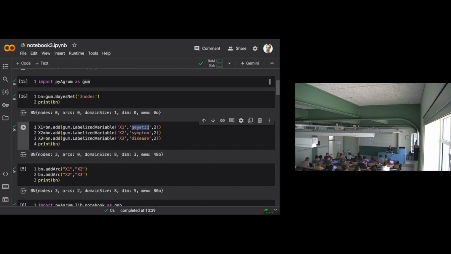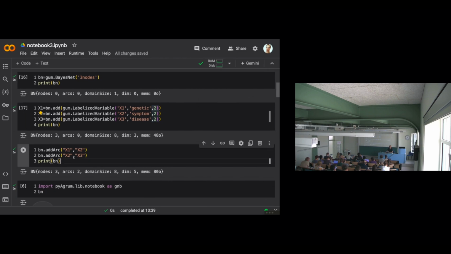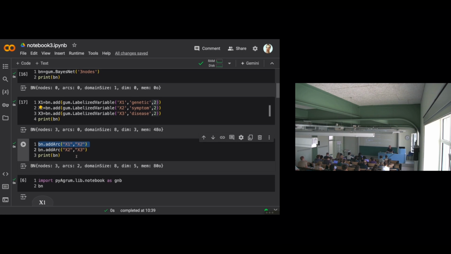This is a description, this is the name of the variable, this is the label of the variable, and this is the number of states. So I just have 3 Boolean variables. Second step, the graph. The graph basically says that x1 is a parent of x2 and x2 is a parent of x3. This is a chain graph, but it could be any.